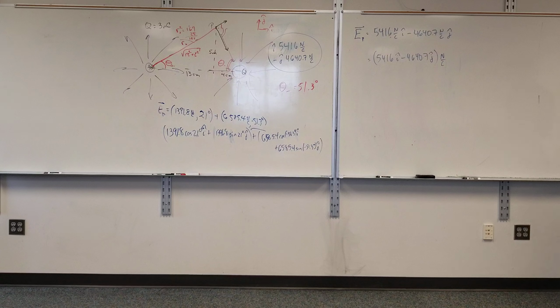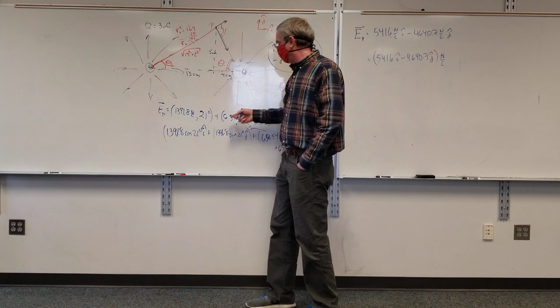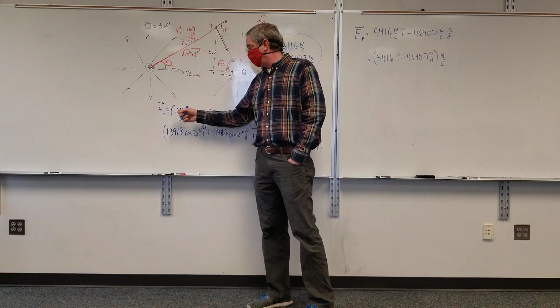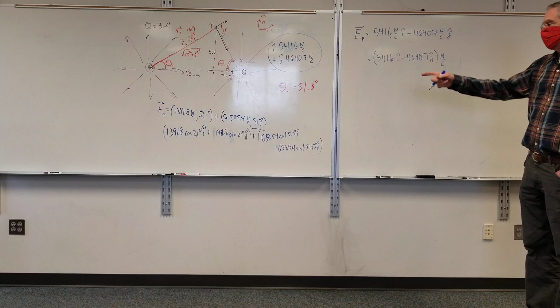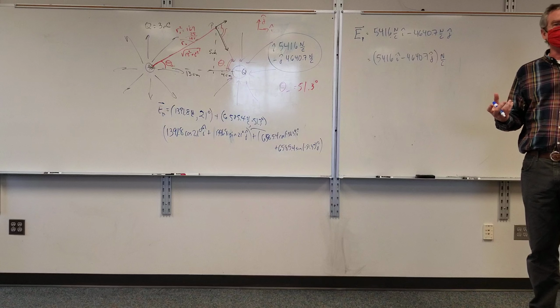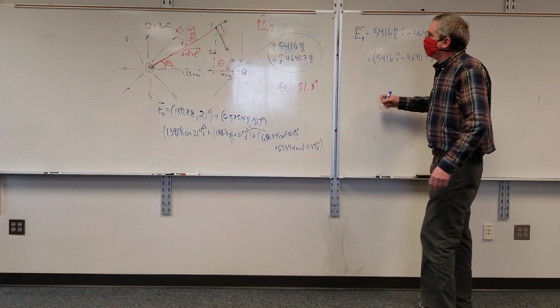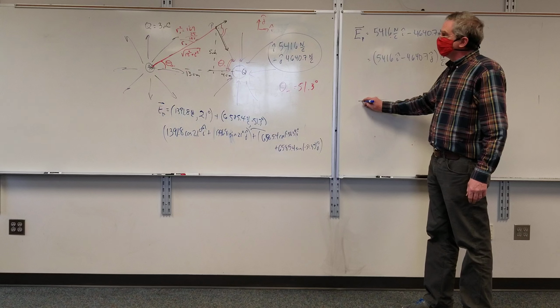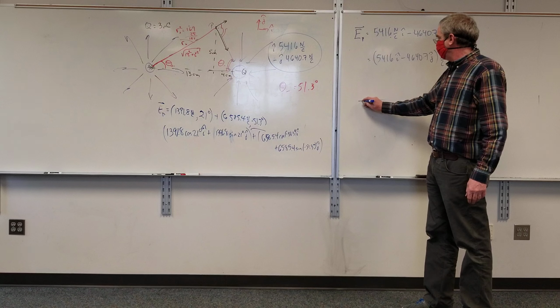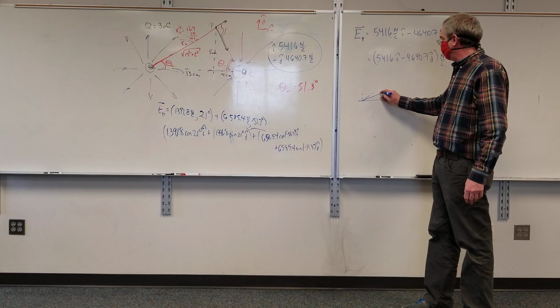Let's see if this actually makes any sense whatsoever. Our two magnitudes were a little over 6,500 and then a little under 1,400. So one of them is roughly 5 times larger than the other one, very crudely. So I have one of the vectors going at a 21-degree angle, that's roughly 45, so a 21-degree angle like that.